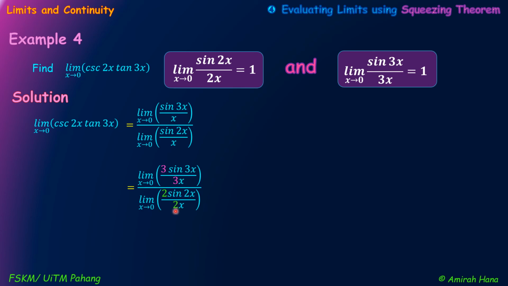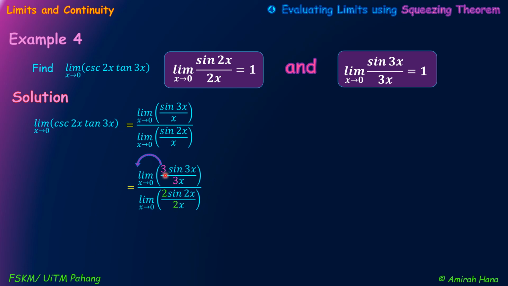And then, for the second denominator, we need to multiply by 2. And at the same time, we multiply the numerator by the same value to get 1. We multiply by 2 here because we want to write the denominator equal to the sine argument.